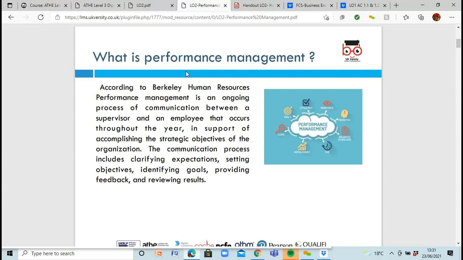So according to Berkeley's Human Resources, performance management is an ongoing process of communication between your supervisors and the employees, and this happens throughout the year. It's just there to make sure that the strategic objectives of the organization are being met. It's nothing to do with you personally.